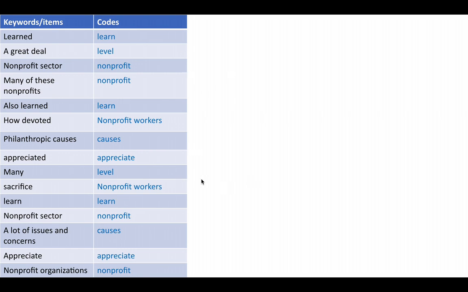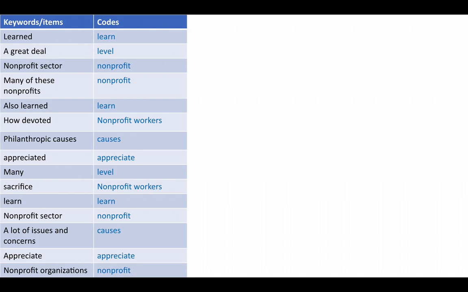Level should be coded together, right? And obviously nonprofit, or nonprofits, and the nonprofit workers. So these are kind of the same and similar codes, so they should be categorized together or grouped together.